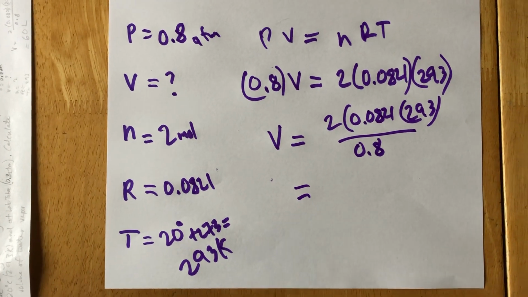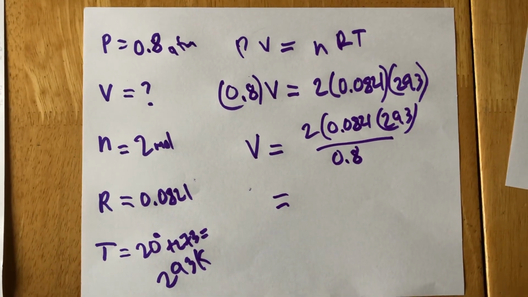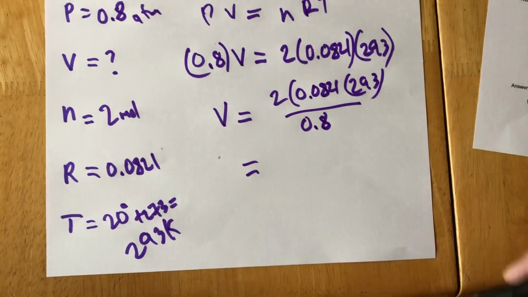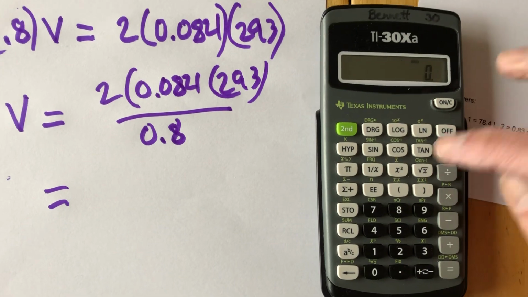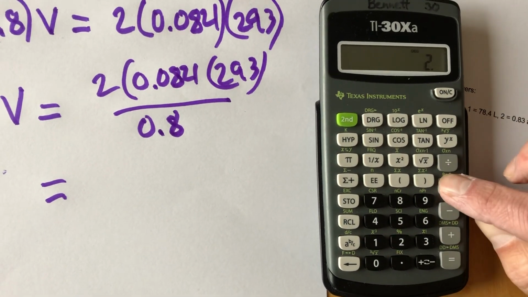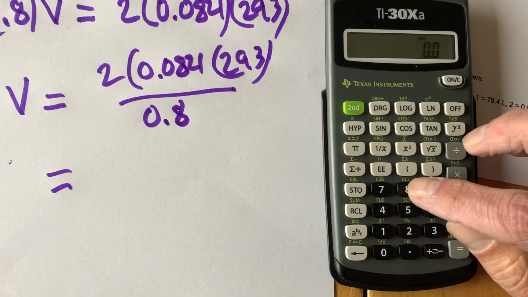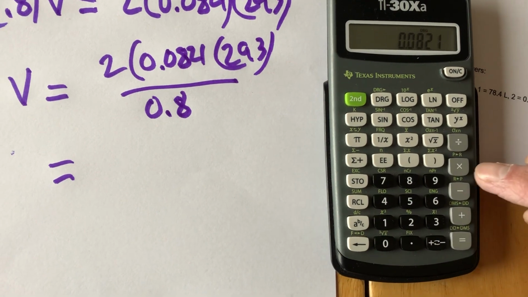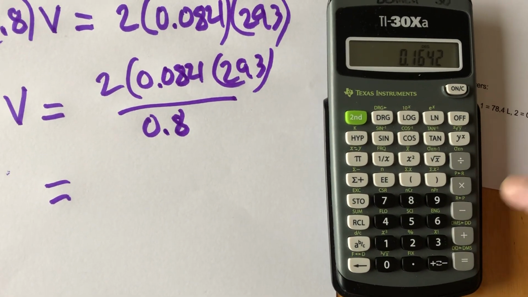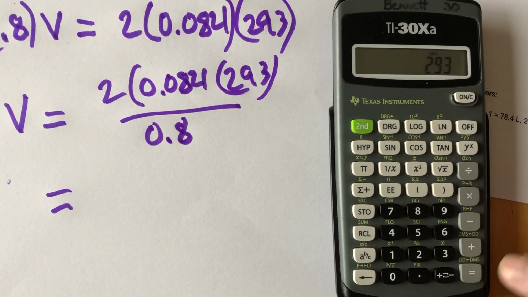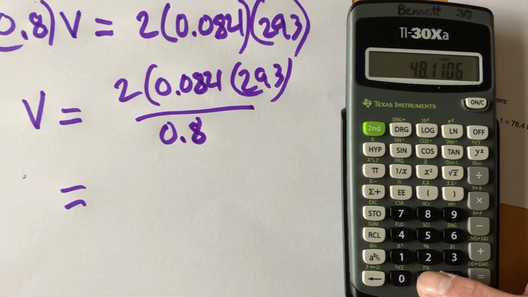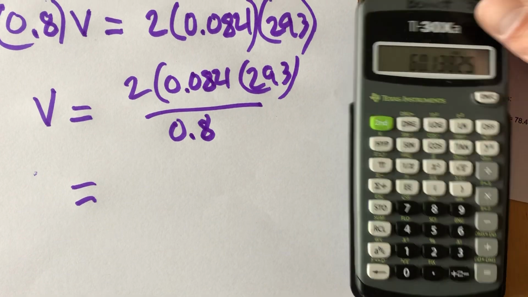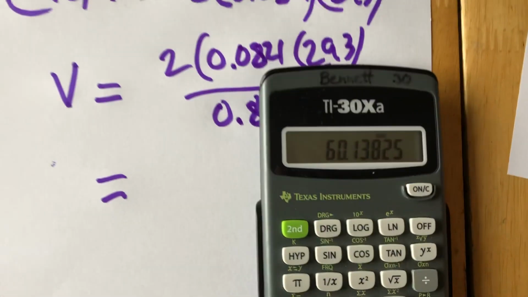Then I would take my calculator out, clear it, and type 2 times 0.0821 times 293 equals. Then divide that by 0.8 equals, and it's 60.1.